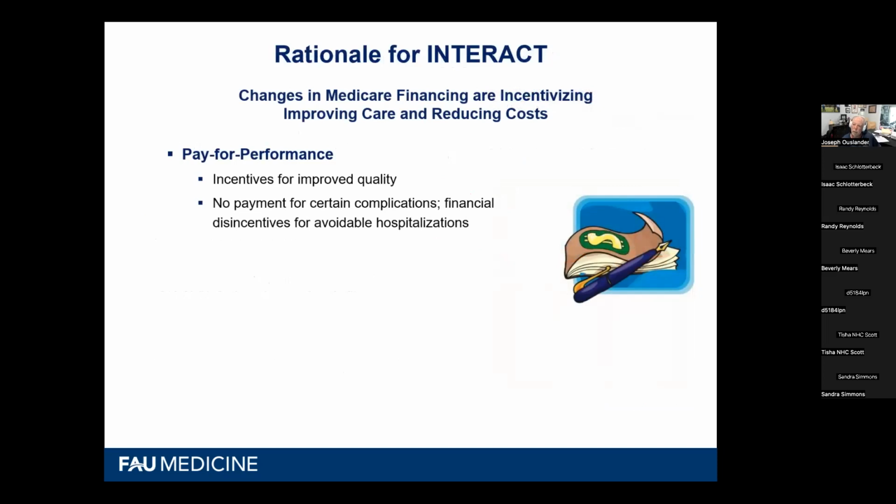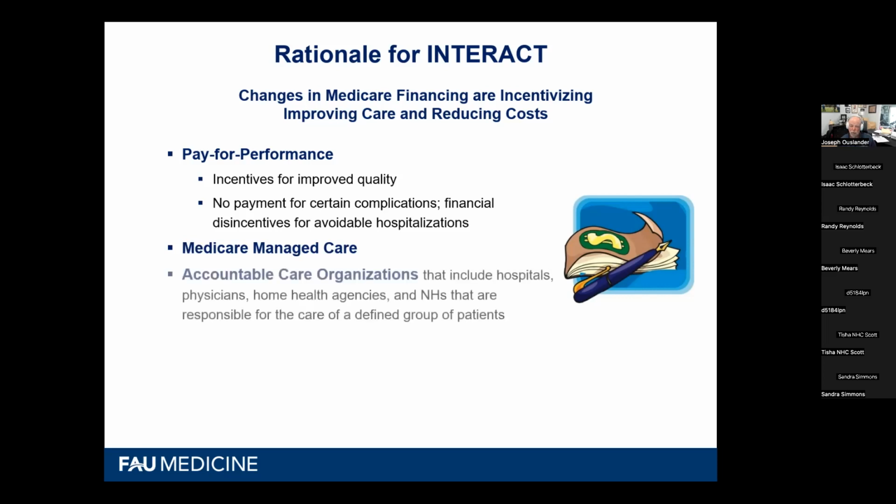And many of you, I don't know how many of you work in a value-based care kind of environment, but we all have pay for performance, incentives for quality. There's no payment for certain complications. There's Medicare managed care, which more and more people are being pushed into by the federal government.